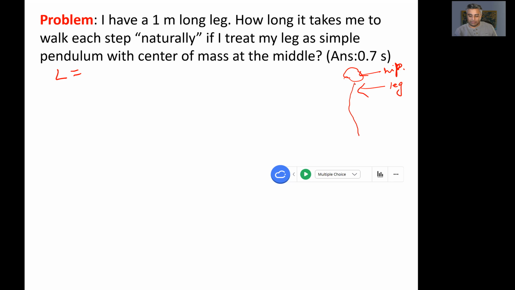But of course, I'm labeling this as a leg, okay? So now it says, this is 1 meter. Let me write this as a lowercase l.